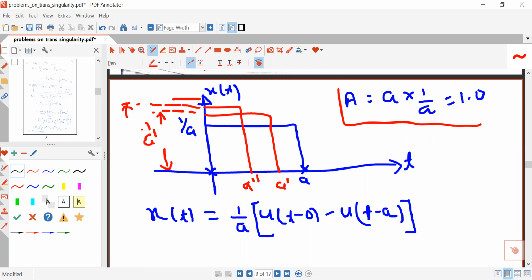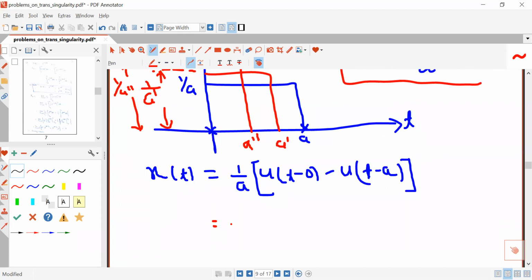Now the question is, what will happen when you reduce its width to 0?